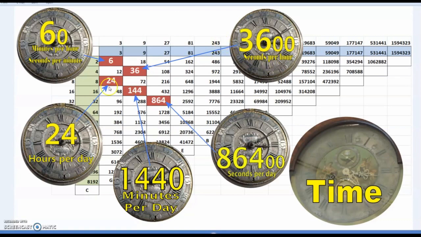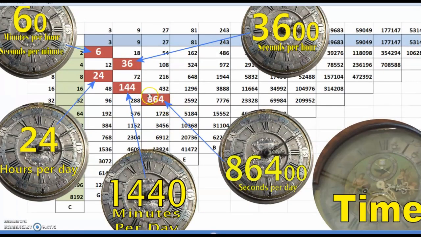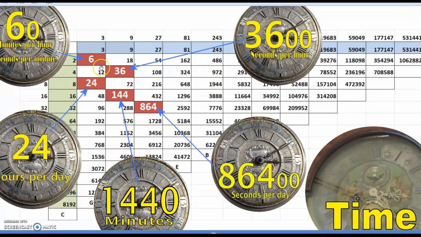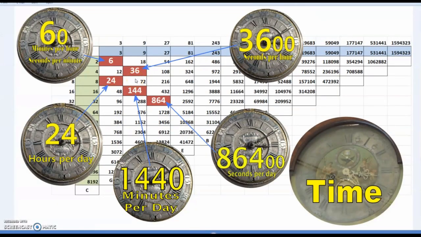Anyway, 60 minutes per hour, 60 seconds per minute, 24 hours per day, 1,440 minutes per day, 86,400 seconds per day, and 3,600 seconds per hour. So these numbers have a nice reflection in regards to a breakdown of time.